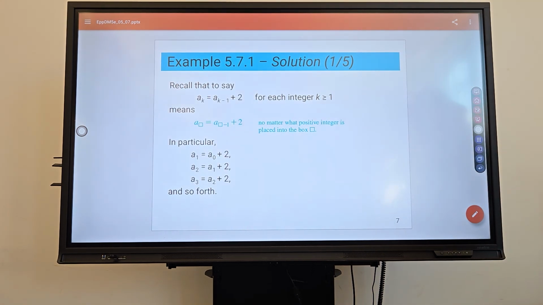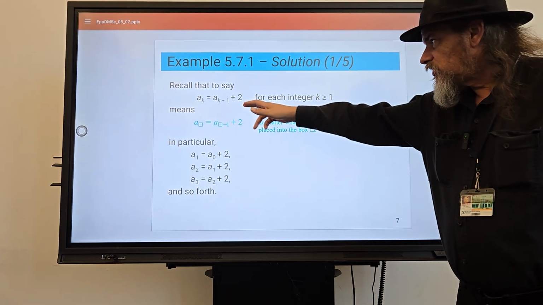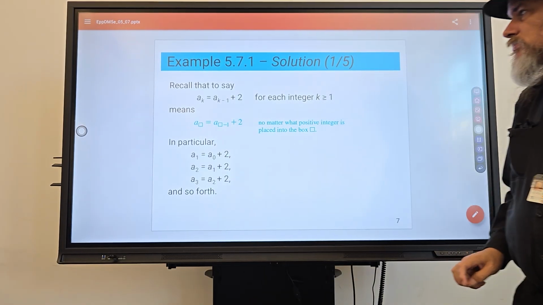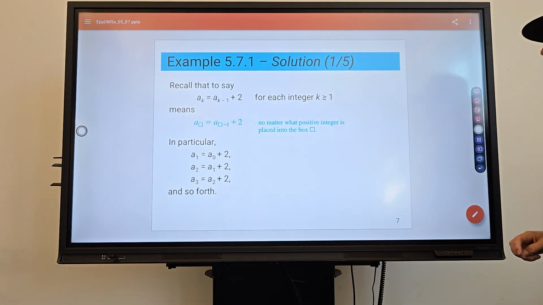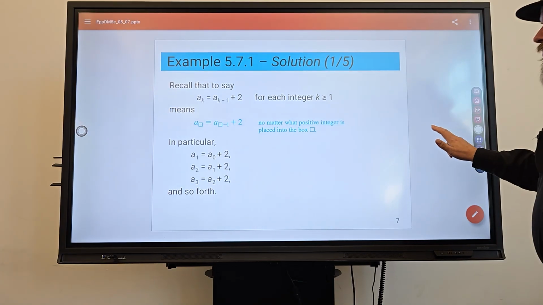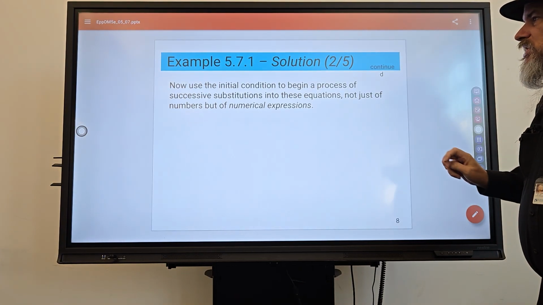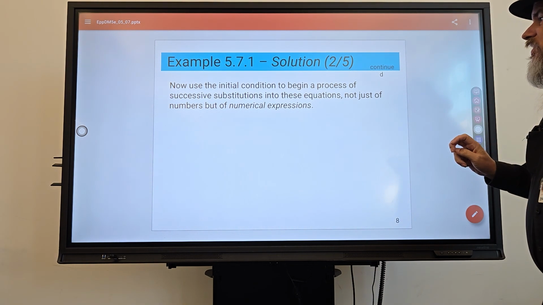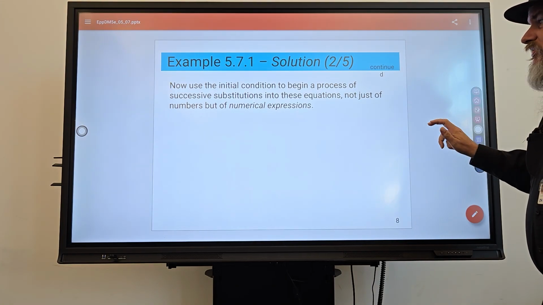Well, basically you have the method of substitution where you substitute numbers for k and calculate from there. Now use the initial condition to begin a process of successive substitutions into these equations, not just of numbers, but of numerical expressions.